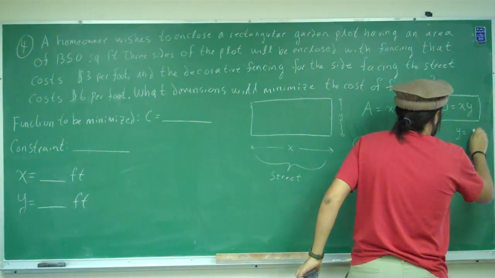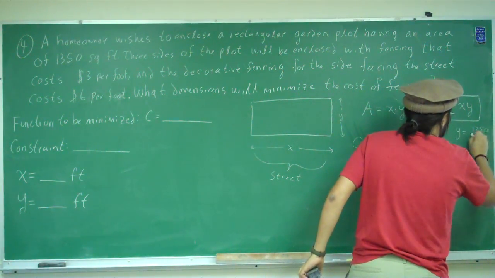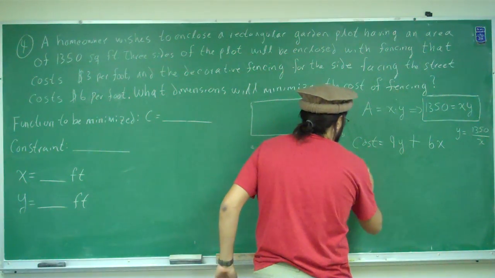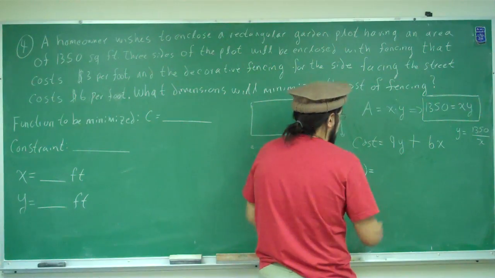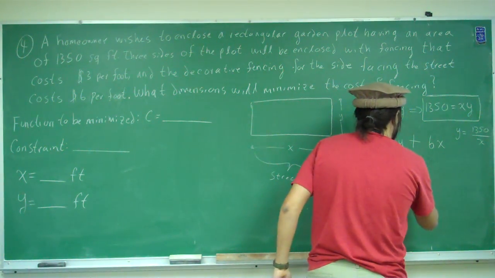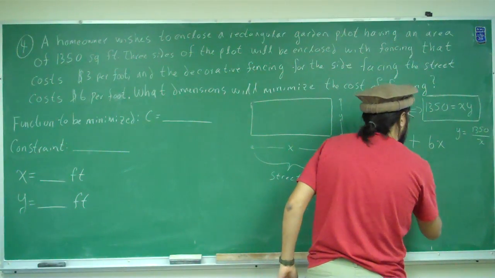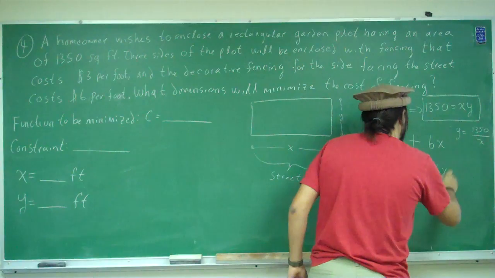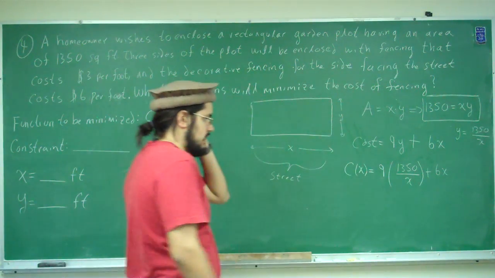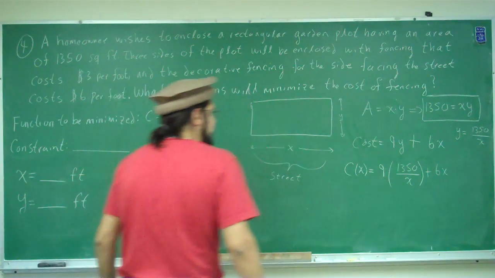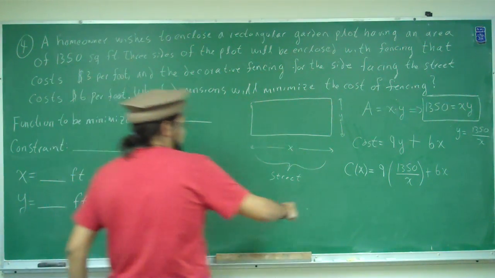So we have y is equal to 1,350 divided by x. Since we know that, now we have the cost function in just terms of x. That's 9 times y, plus 6x. Alright, so that's our cost function.